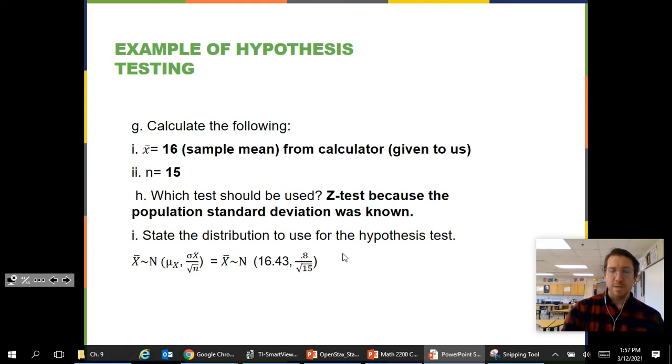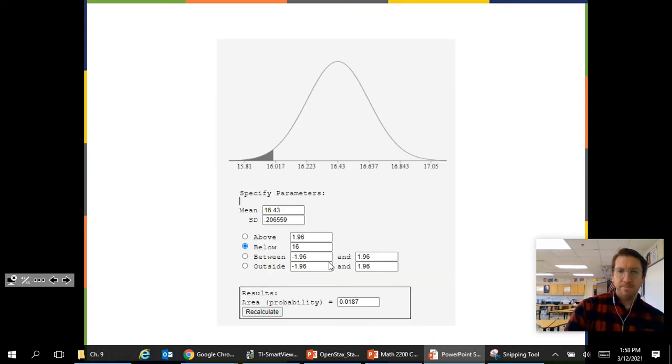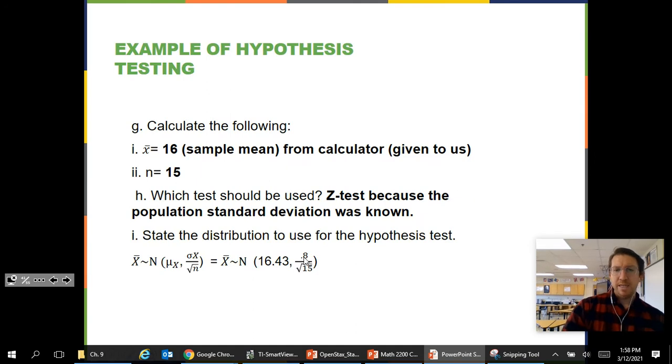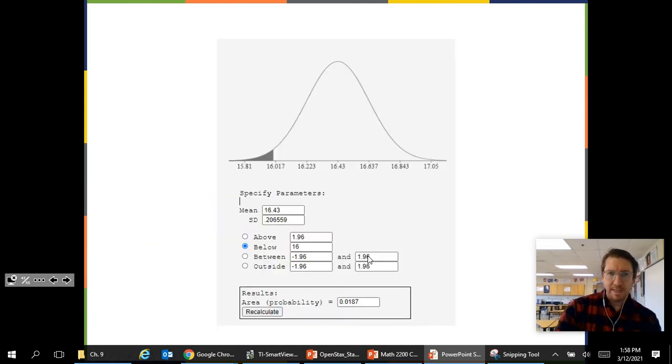If we used 1,000 swims, it would be a lot different, and 2 swims would be much different than 15. So this calculates our standard error: the standard deviation divided by the square root of the sample size. It's 0.8 divided by the square root of 15. I did that on my calculator, and it gives us this number here, 0.206559.